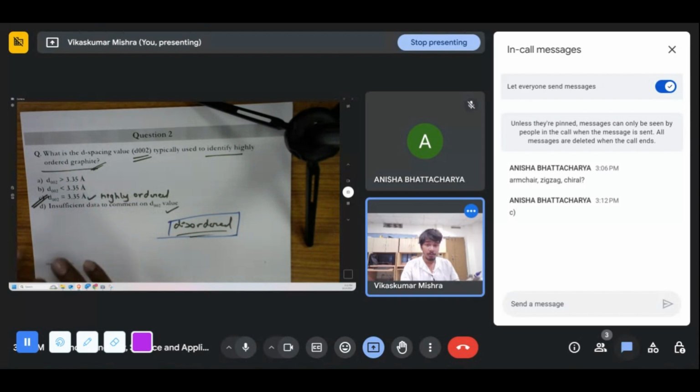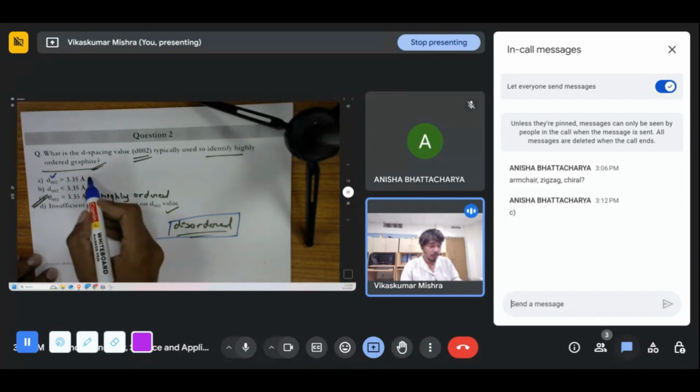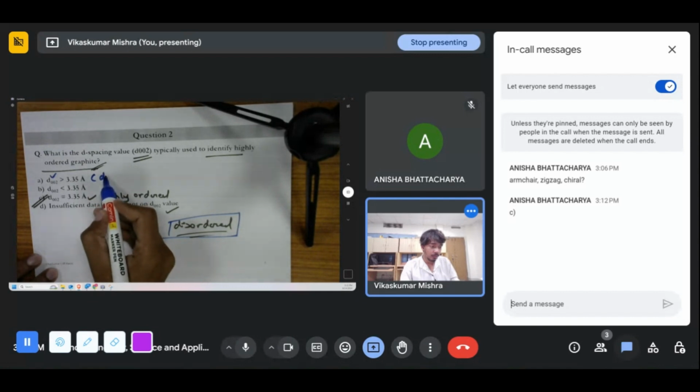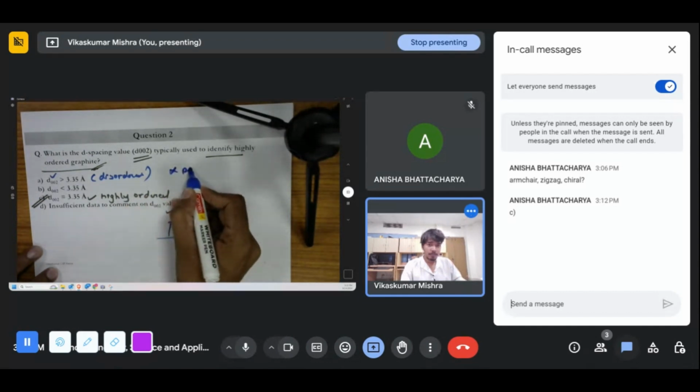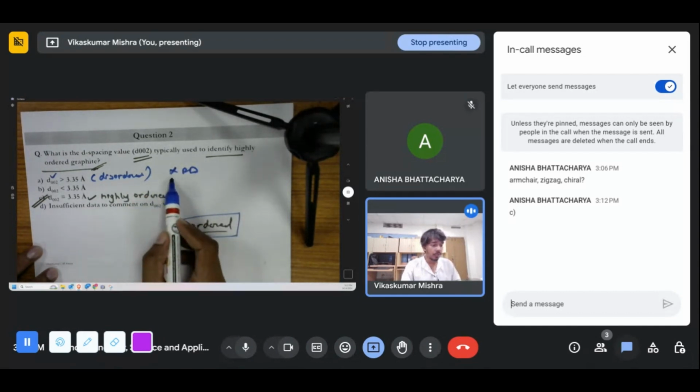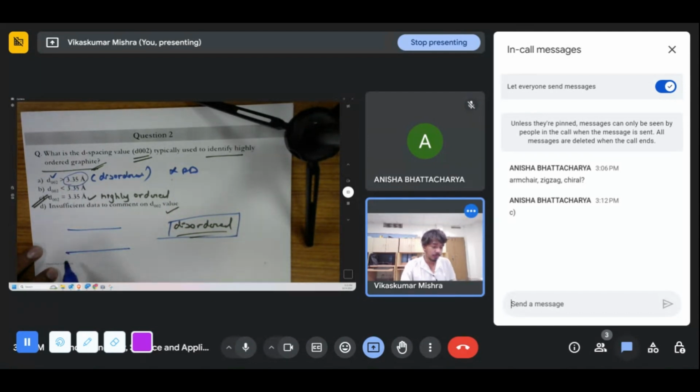In a large number of cases, it has been found that the d-spacing is higher than 3.35. So it will be the disordered one. If we do the XRD, from the XRD we'll get to know that the d-spacing is comparatively higher, that is along the C direction. So with that, question number 2 is done.